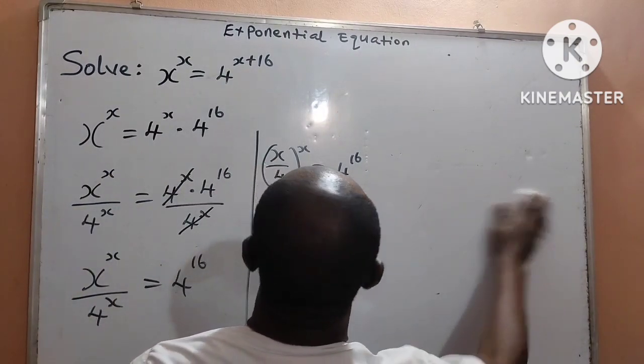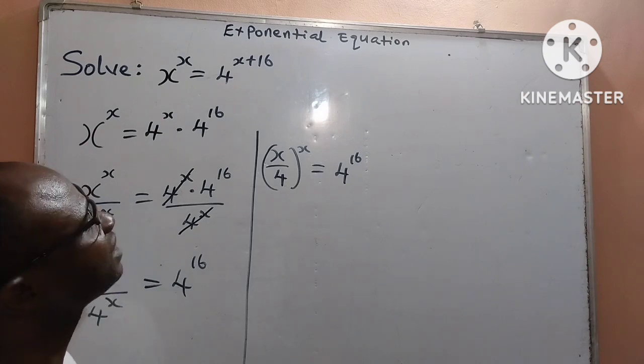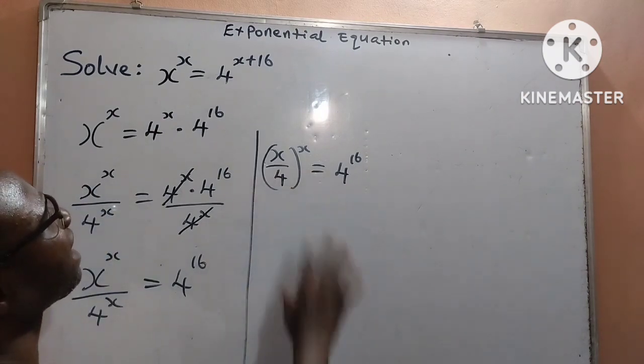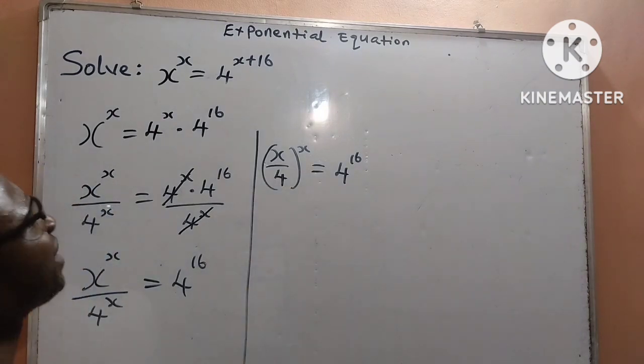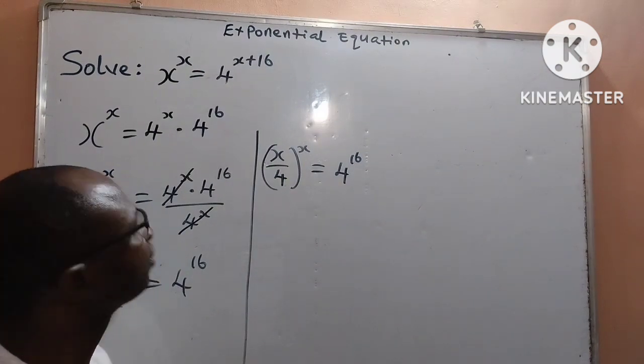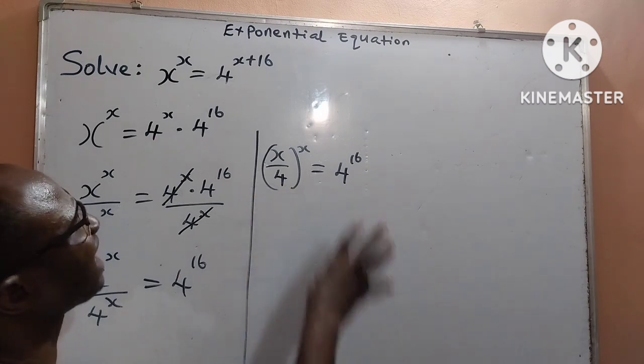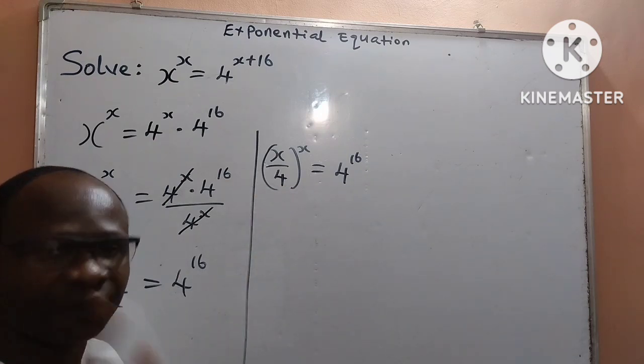Moving on. What I will do next, I want to multiply both sides of the exponents by 1 all over 4. Okay? I want to multiply the powers on the two sides by 1 all over 4.